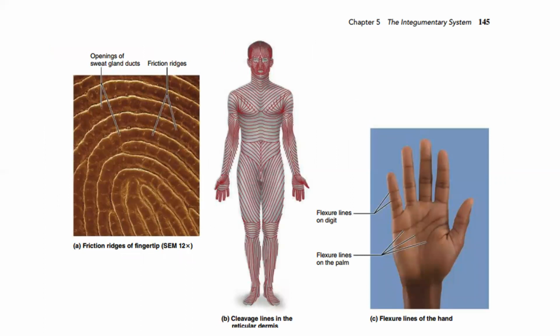Now, if we look at this diagram, it is showing the cleavage lines in the reticular dermis. And we can also see the friction ridges in our fingers.